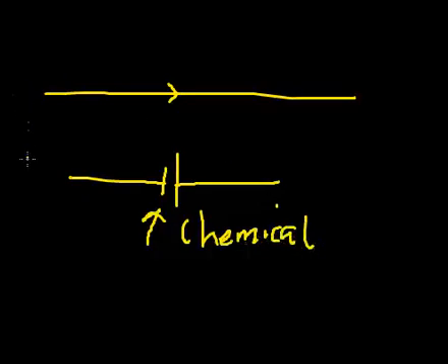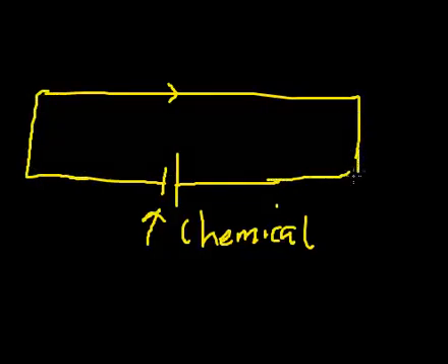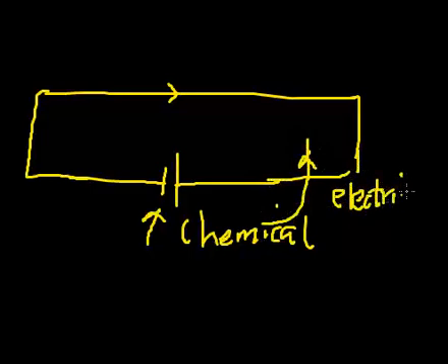It is only when you connect a conductor across this cell that the chemical energy is converted to electrical energy. So I want to give you the difference between EMF and potential difference.